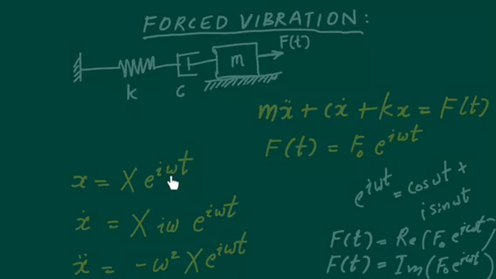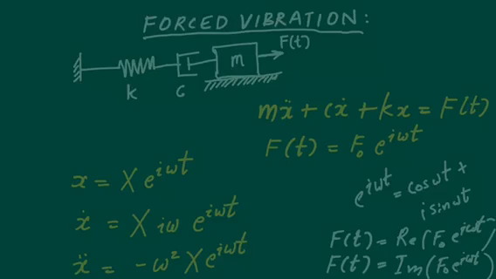You want to pay attention that this omega is the same as this omega. That comes from the last lecture's assumption. Then x dot can be defined like this, x double dot can be defined like this. Always keep in mind that x can be a complex number as well. There is no restriction that x should be a scalar or a real number.